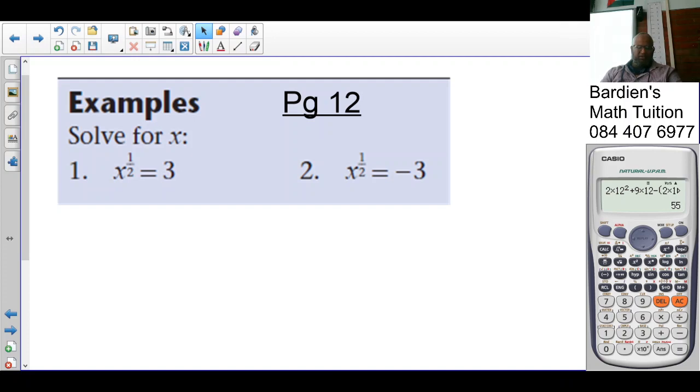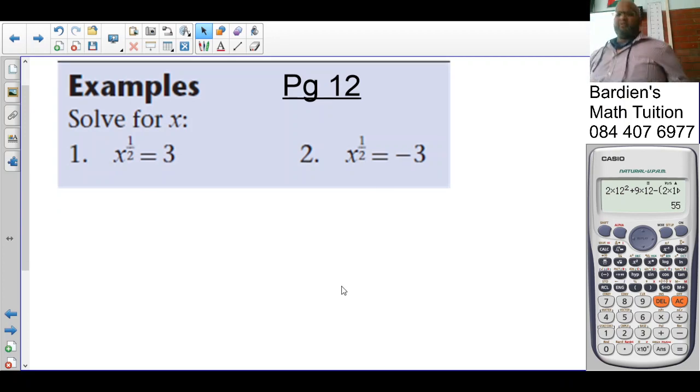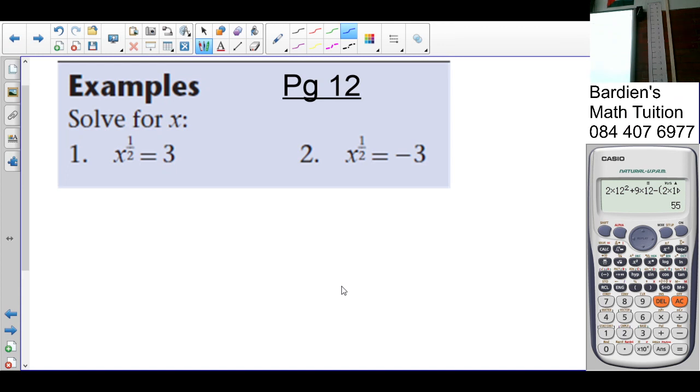There's more than one way of doing this. So let's look at the first one. I can raise this exponent to its reciprocal, which is 2 over 1. Remember, the idea is to get x on its own. So that is simply going to be x is equal to 3 squared.